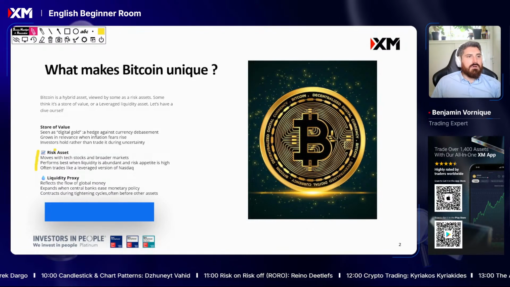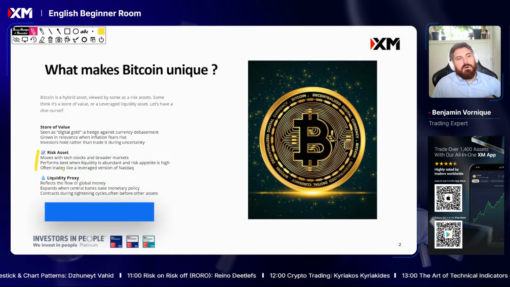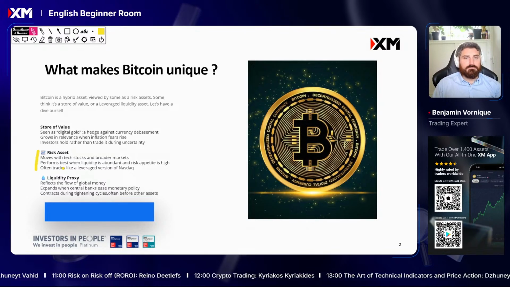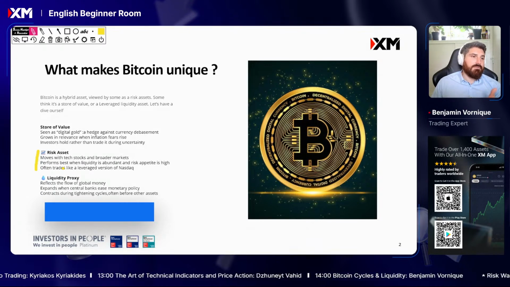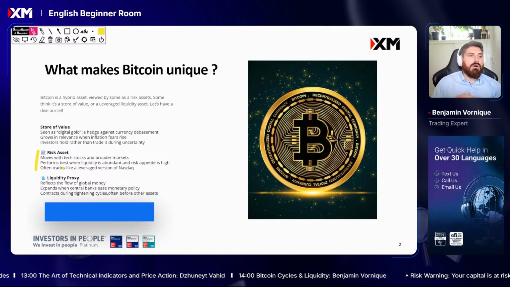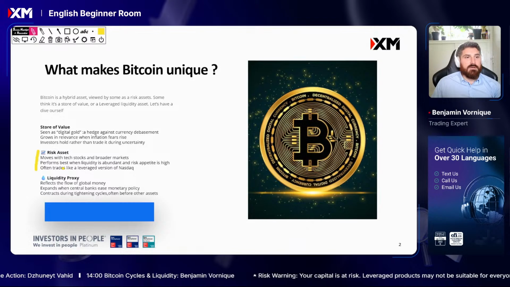But for now, most of the people are basically focusing on AI and AI stock because those are less risky and more volatile to the upside. So this is why people are maybe not that interested in Bitcoin right now.